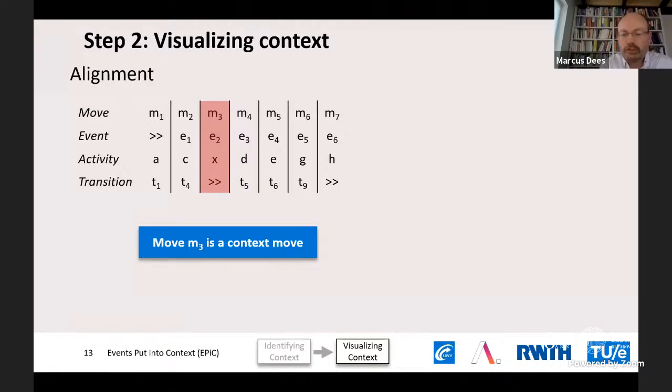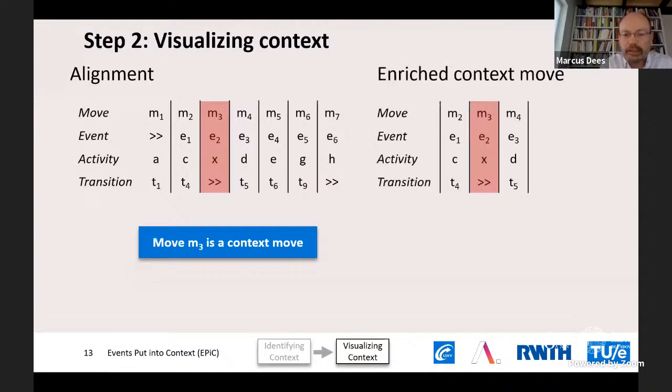So we start again with our extended alignment, including the context move M3. Next we find that move M2 is the preceding move with move type control flow, and M4 is the succeeding move with move type control flow. When the directly preceding move is another context move, we would select the control flow move that precedes that context move.